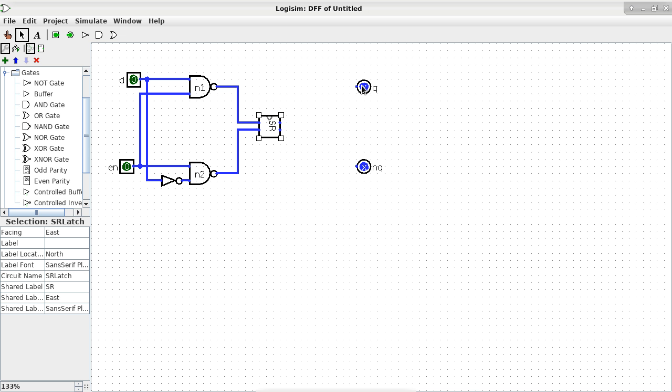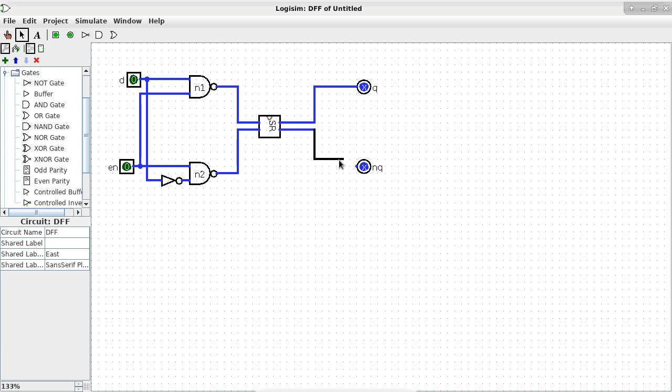So what do you think we should do about the output pins? The Q of the SR latch goes to the Q pin, and then the NQ of the SR latch goes to the NQ pin. Because these are really just to externalize the output of the SR latch, just so that we can see what it does. And of course, I will make changes to the notes right away, just so that it is up to date.